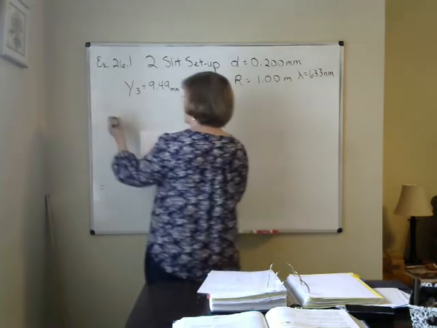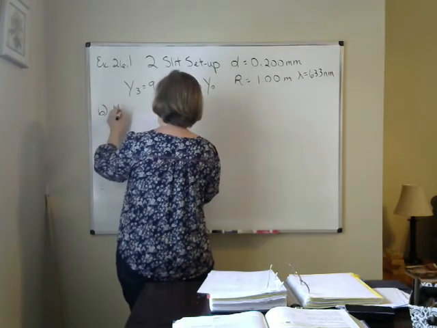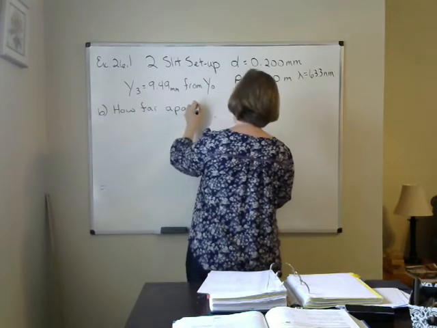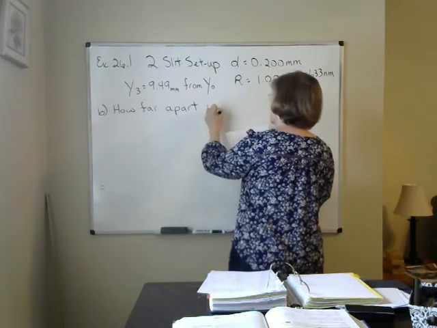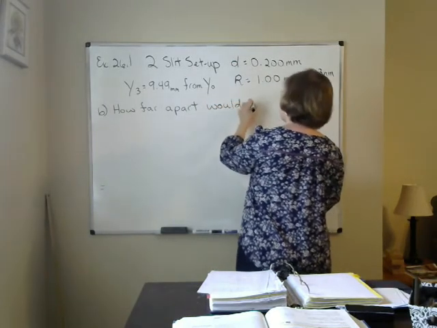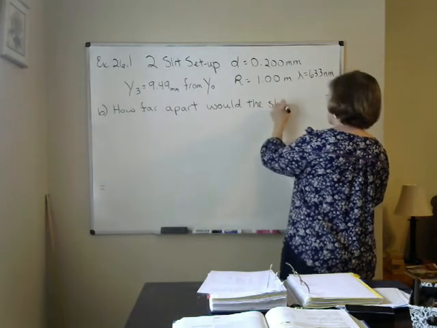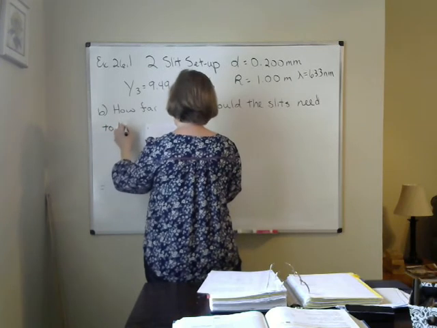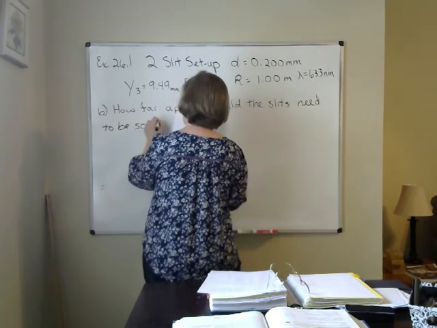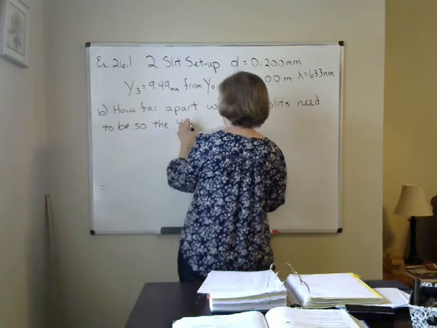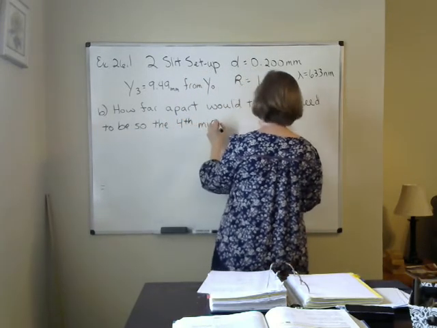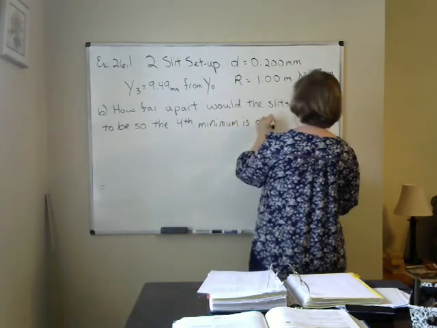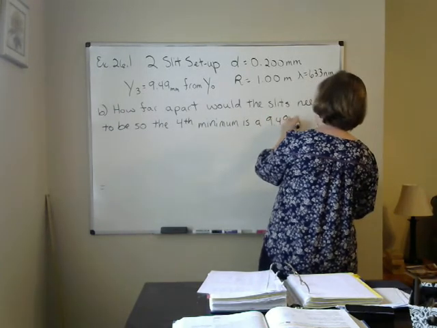Part B says, how far apart would the slits need to be so the fourth minimum, that's the dark band, is at 9.49 millimeters.